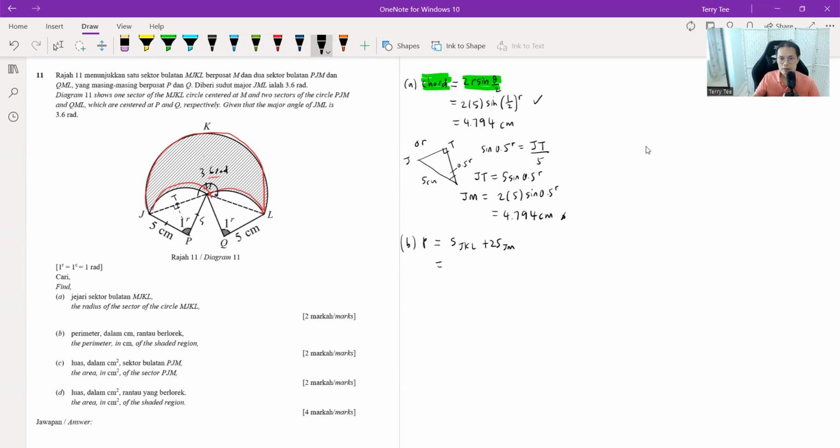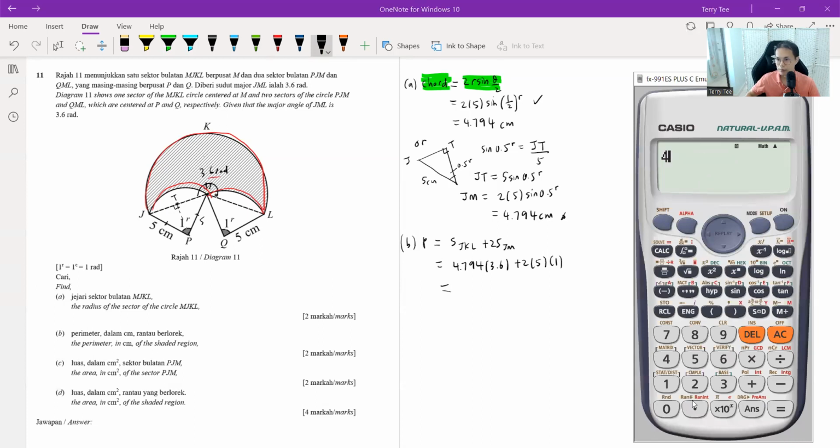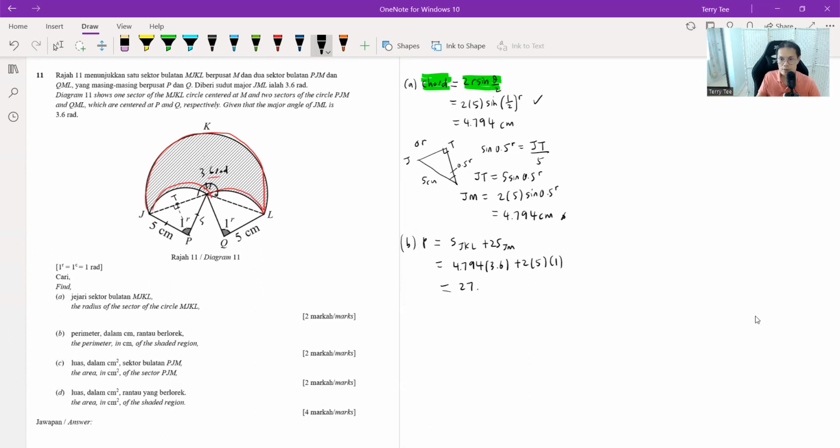JKL is r theta, which is 4.794 times theta 3.6. The other is 2 times, your r is 5, theta is 1. So use your calculator: 4.794 times 3.6 plus 10. 2 times 5 is 10. Answer 27.26. Again, 4 significant figures will do.